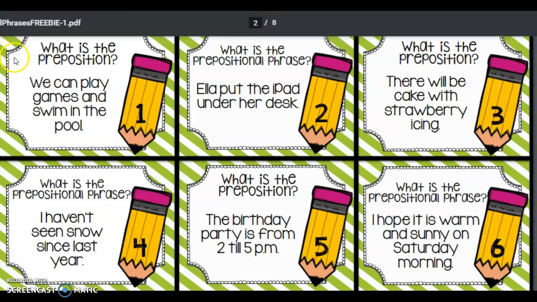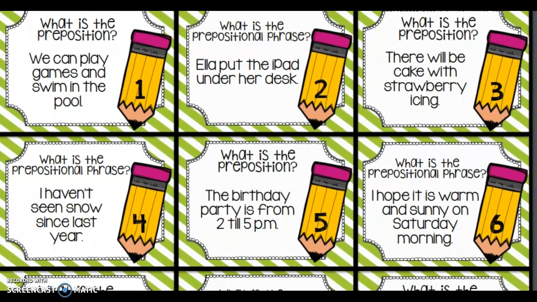Number 1 says, what is the preposition? We can play games and swim in the pool. Now remember, I said prepositions show relationships such as point in time, when something happened basically.